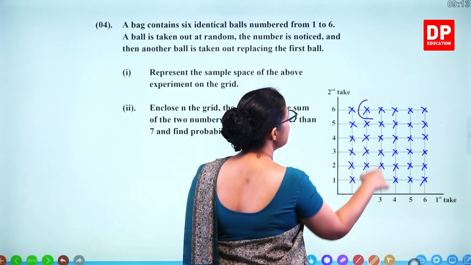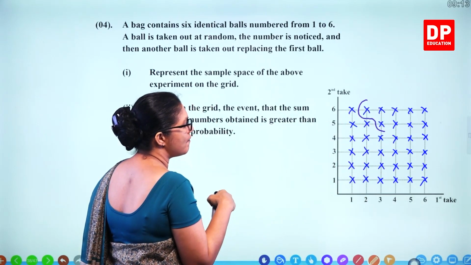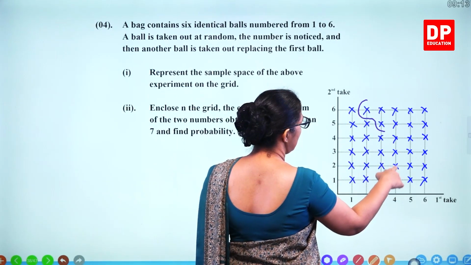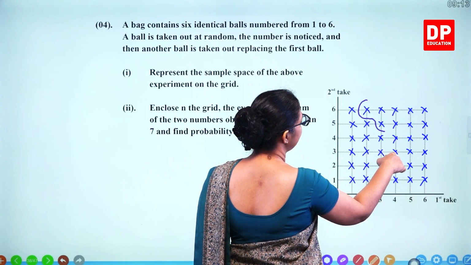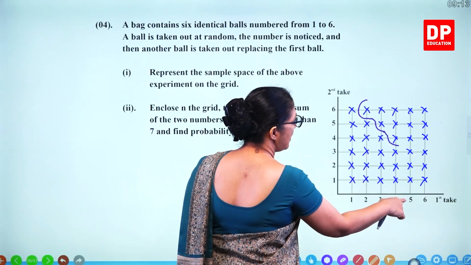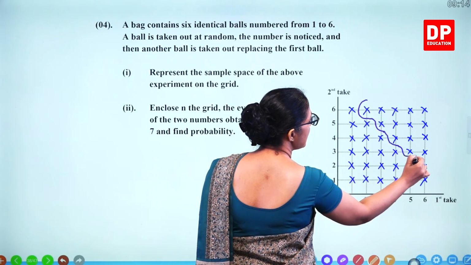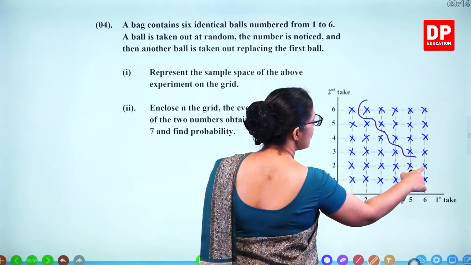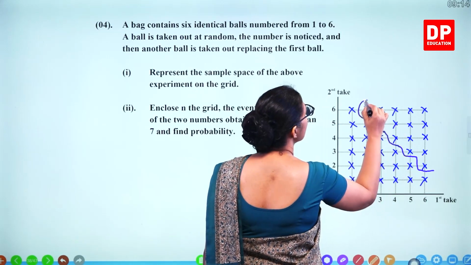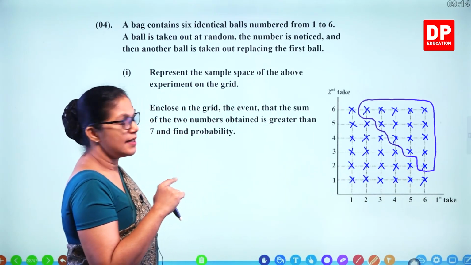Greater than 7 means 3 with 5 and above. 4 with 3, 7. So you can take from here. And 5 with 3, 8. 6 with 2, 8. So you can take all possibilities like that.